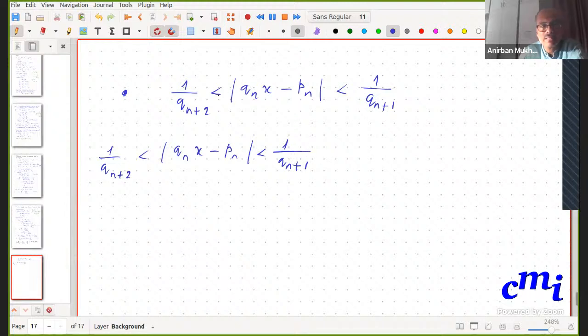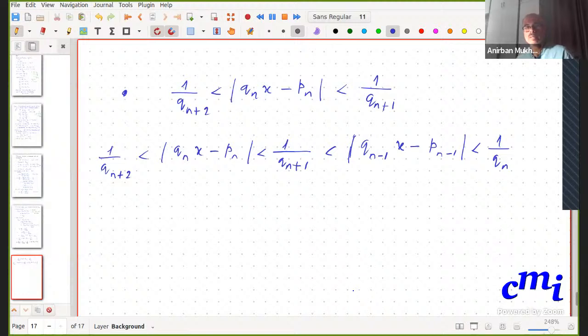Now if I simply iterate this with n replaced by n minus 1, then the lower bound is 1 over Qn plus 1, which is exactly what we have here. So Qn minus 1 x minus Pn minus 1 is less than 1 over Qn. So n is now replaced by n minus 1, and this is exactly what you get.